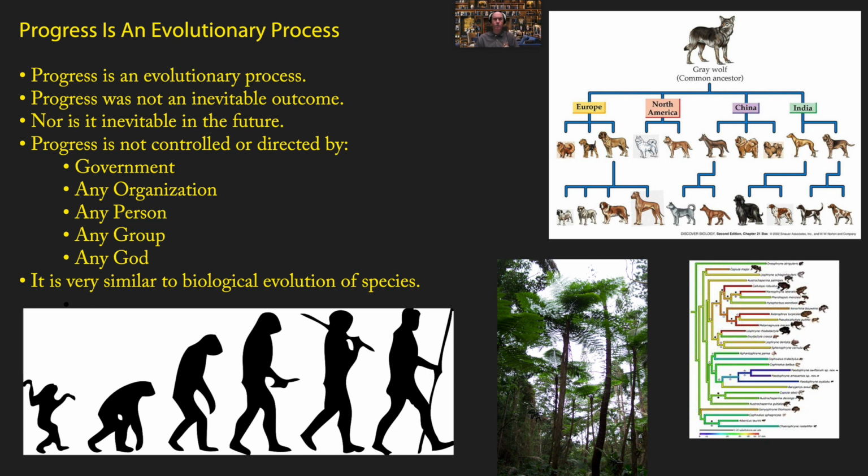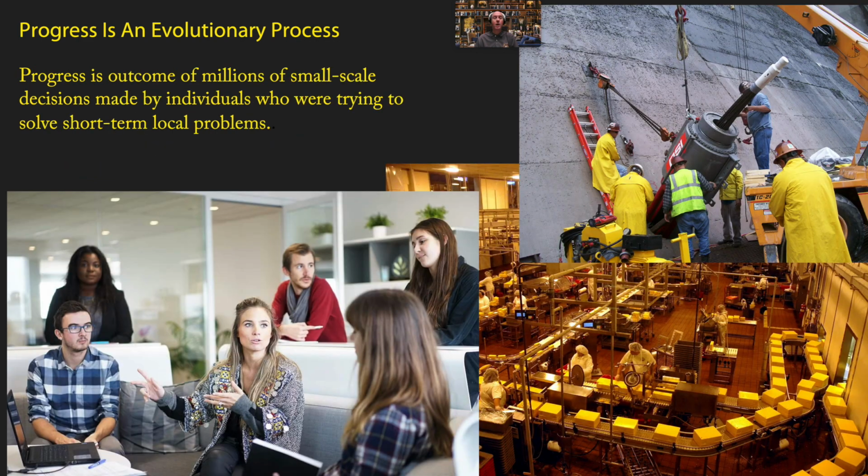Progress is not controlled or directed by the government, any organization, any person, any group, or any god. In fact, in many ways, it's very similar to the biological evolution of species or entire ecosystems. Progress is the outcome of millions of small-scale decisions made by individuals who are trying to solve short-term, local problems.